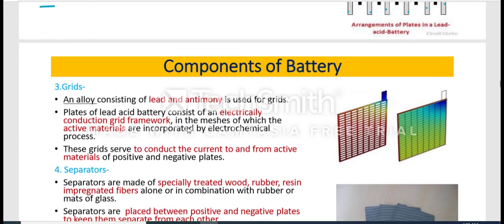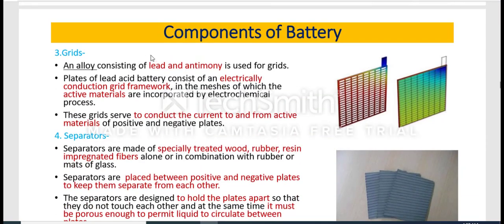The next component of the lead acid battery is the grid. Grid is nothing but one type of design of the plate, the design of the positive and negative plate. An alloy consisting of lead and antimony is used for the grid.